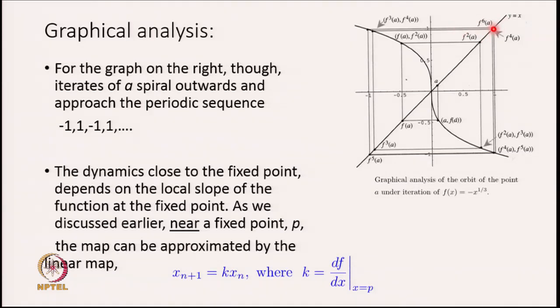So, f6 is almost a fixed point over here, but it is now a fixed point that will iterate from the diagonal to the curve, to the diagonal, to the curve, back to itself. So, it goes to a period 2 point. And this period 2 point is the point minus 1, 1, minus 1, 1. This is your periodic orbit of period 2.